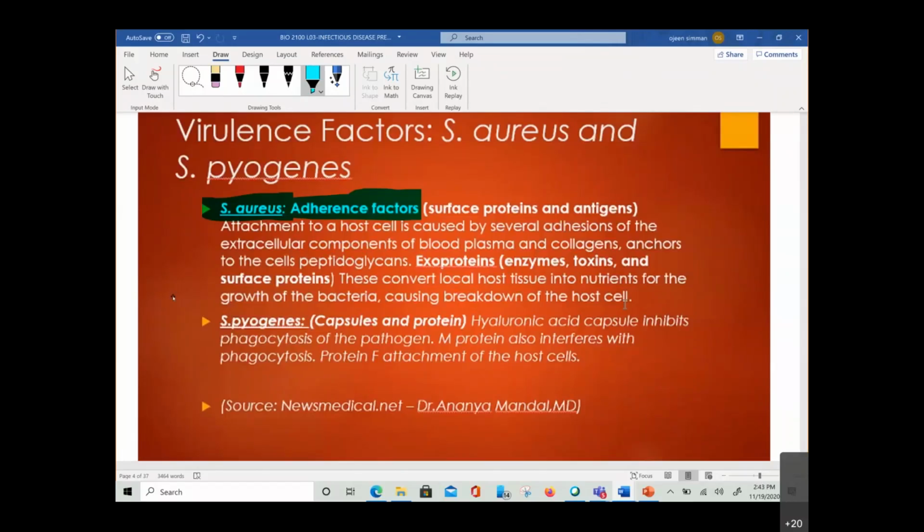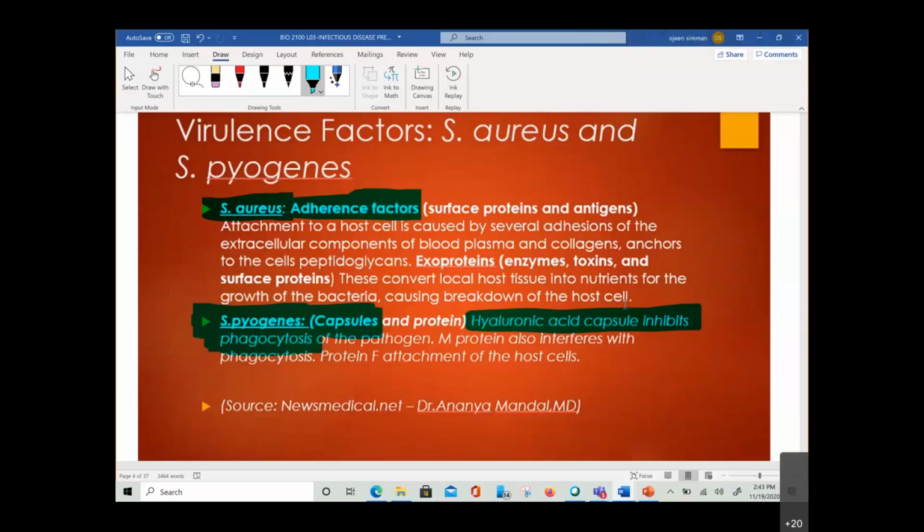Okay. Streptococcus pyogenes has a capsule. This is an encapsulated bacteria. Now, the composition of the capsule is hyaluronic acid, which is a type of amino acid, and it inhibits phagocytosis by white blood cells, which means it helps it to evade phagocytosis.